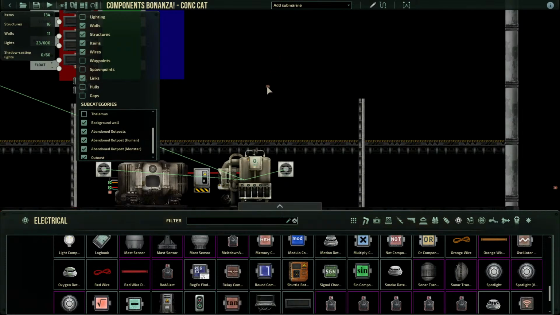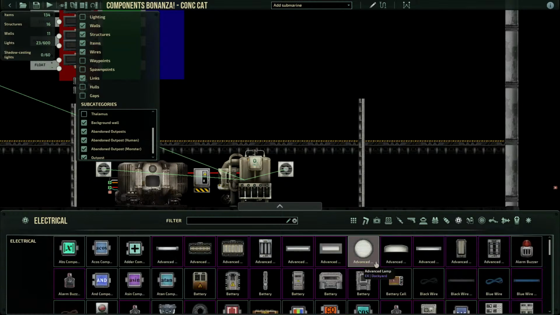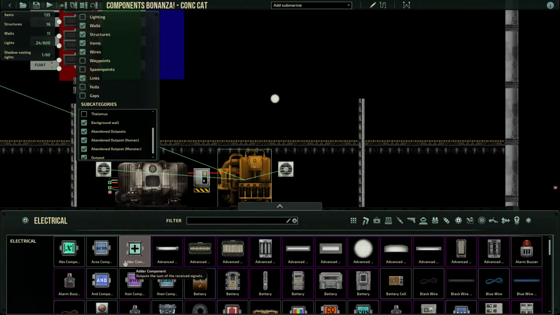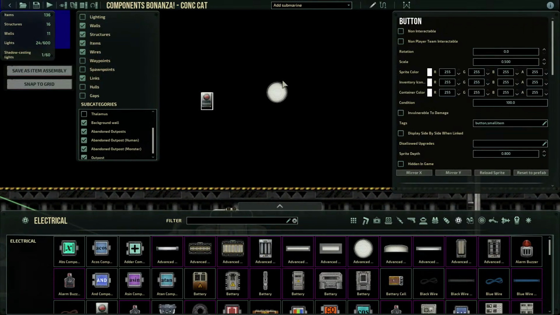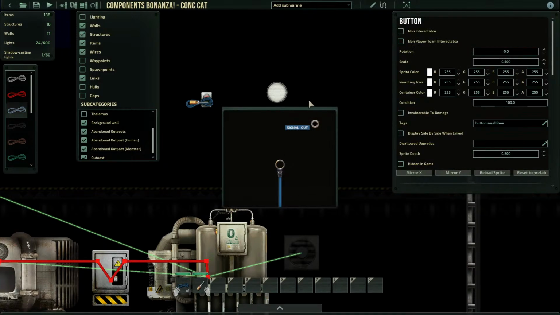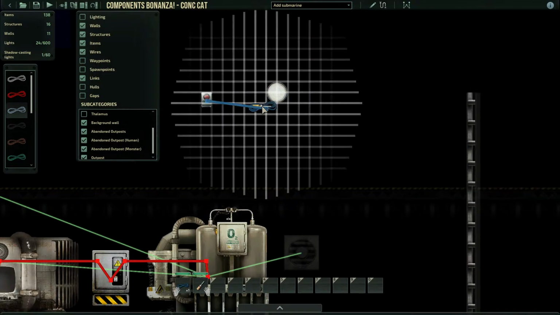Okay. I'm going to use just a lamp to explain this concept, but it's going to be the same regardless. So if you put a button on this lamp and you connect it to the set state port, you cannot turn it off.